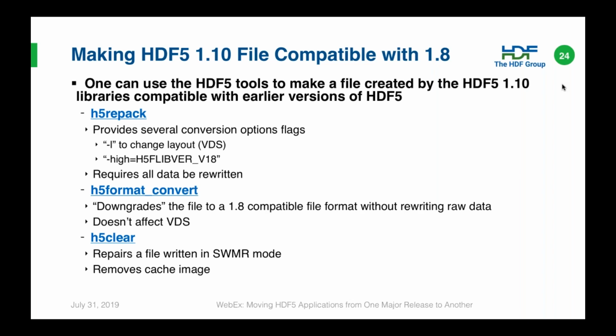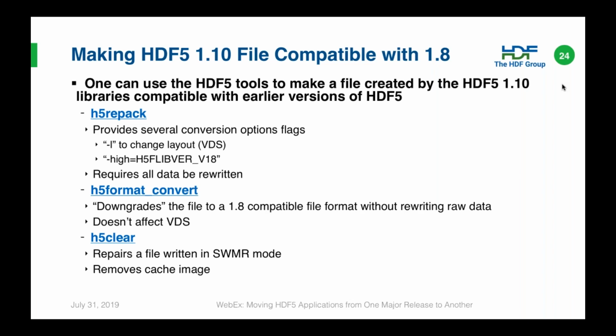It doesn't rewrite the raw data, it just rewrites the metadata of the file, and it does it in place. So the downside of this approach is that you are touching an already existing file and things may happen. So maybe you should do a backup before you use the tool. And the tool doesn't affect VDS. It was really created to address SWMR mode access.